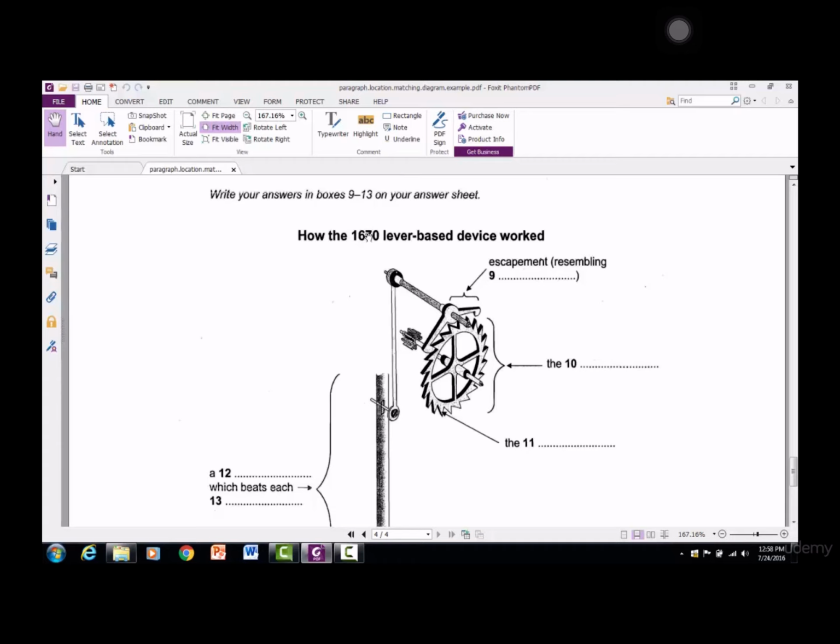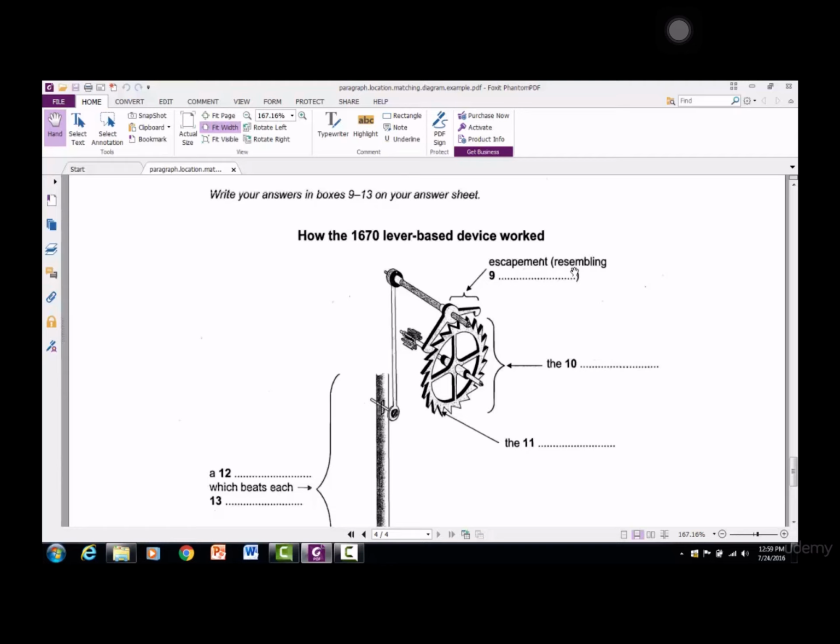Number 9 is dealing with escapement, and the key word here is resembling. The word resemble means looks like. Very important that you learn vocabulary. The more vocabulary that you learn, the easier this test is going to be. The vocabulary that you need for the TOEFL exam and the IELTS exam is the same.